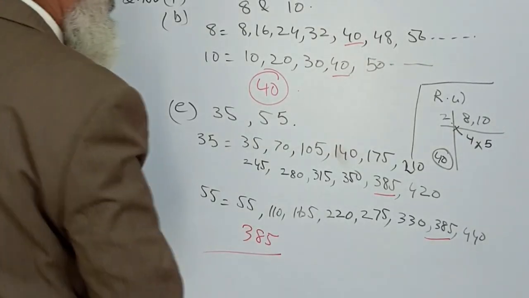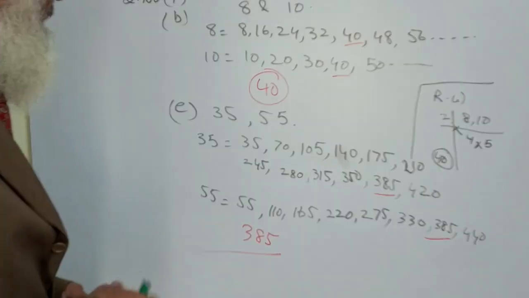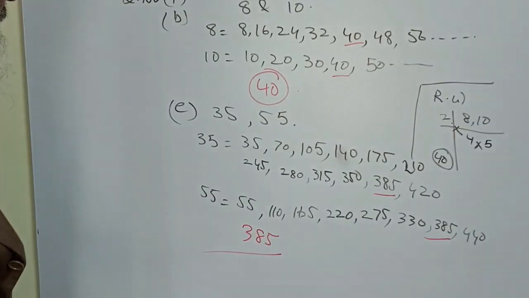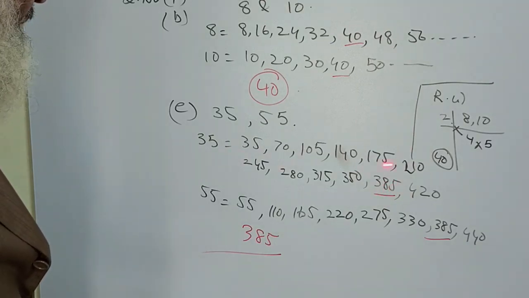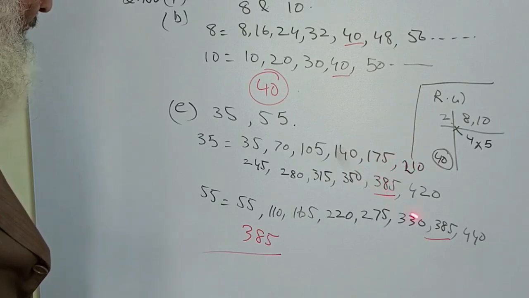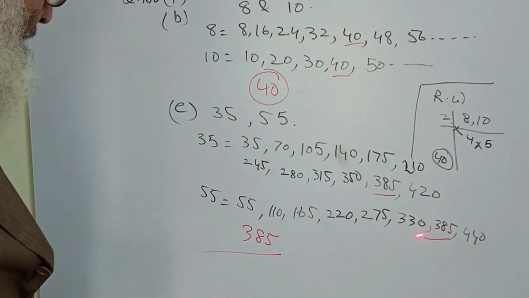So dear students, at least I've got now one common multiple, which is the lowest common multiple, and this is 385. A very long calculation, and after that I got 385 here and 385 here.